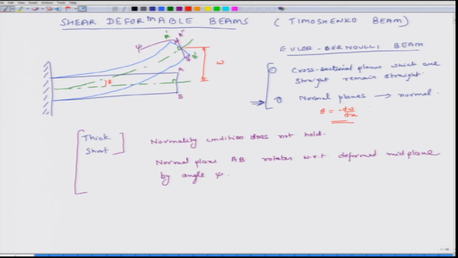But again this condition is preserved in an Euler Bernoulli beam, but this theta may not be necessarily same as the rotation of line AB with respect to line A prime B prime.